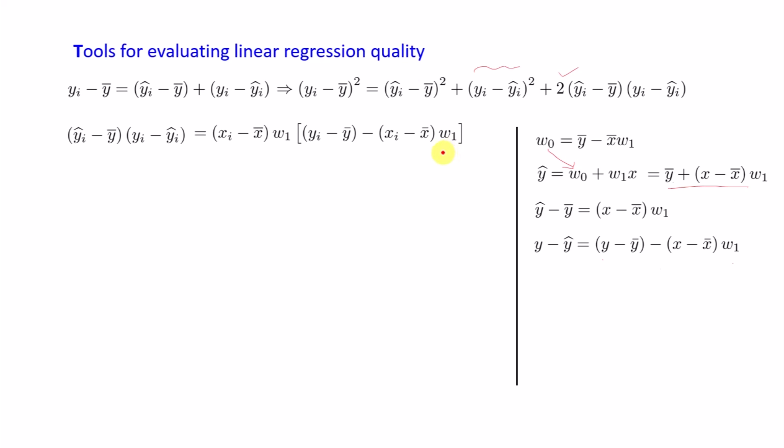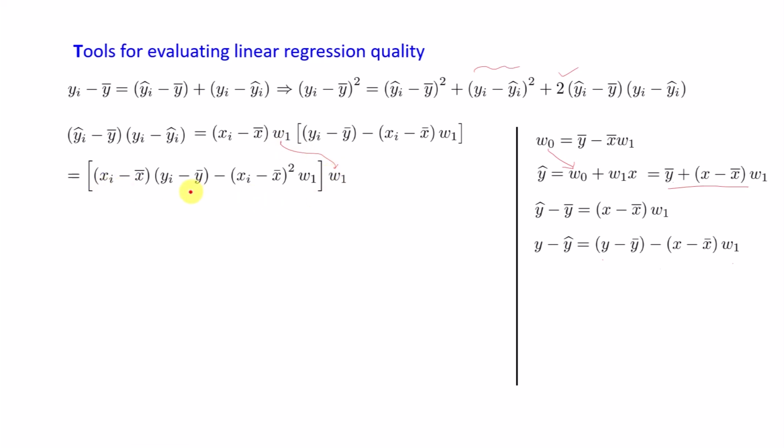Now if we multiply this, it will give me xi minus x bar multiplied by yi minus y bar, minus xi minus x bar whole square w1, and there is one w1 here that is outside.